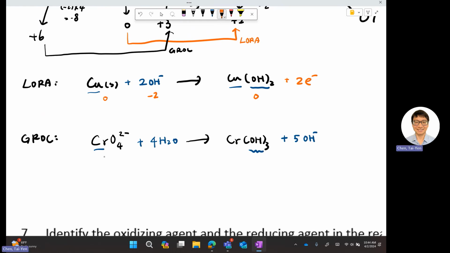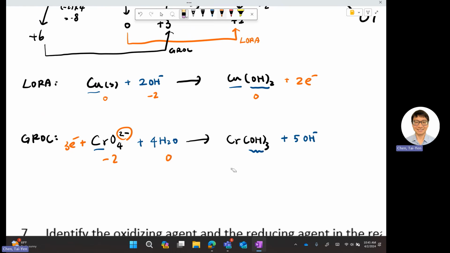This is -2, this is neutral, this is neutral, and this is -5. So you can see your right-hand side is 3 electrons more than the left-hand side, so you add 3 electrons on the left-hand side. Then you balance all the charges.